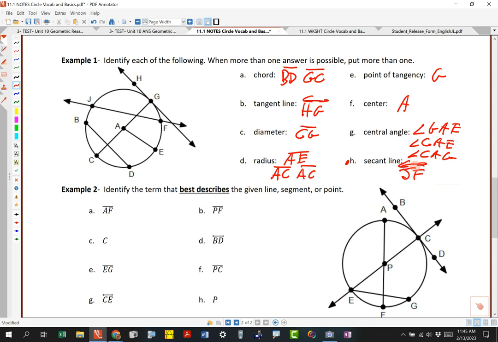Now, could somebody make an argument that segment JF is also a chord? Could we lop off the ends of the secant line and make it a segment? Yes. And then it would be a chord. So I'm going to put a question mark, and we could say, yeah, if you wanted to do JF, you better put the line over it so everybody knows it's not a line, it's just a chord.